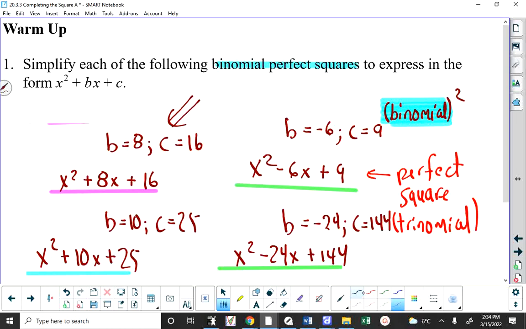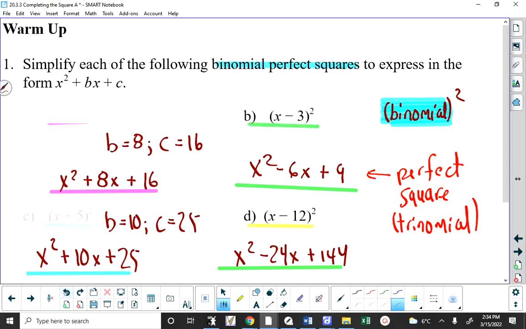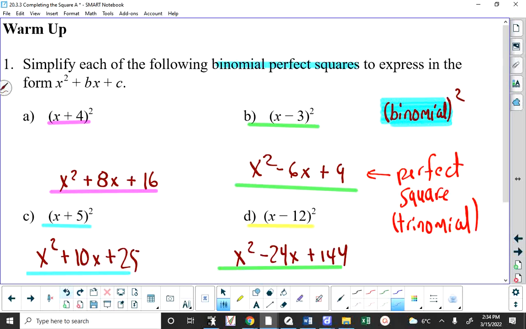So what I am asking is this, and I'm going to go back to what you're looking at on paper. I am asking you, what do you do to 8 to get 16? And it's the same thing that you do to 10 to get 25. And it's the same thing that you do to -6 to get +9.